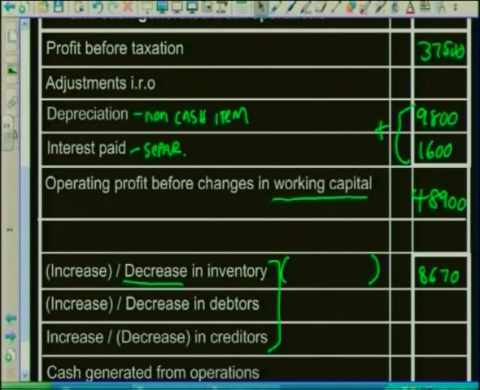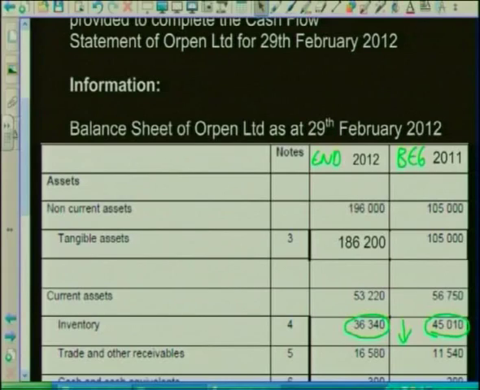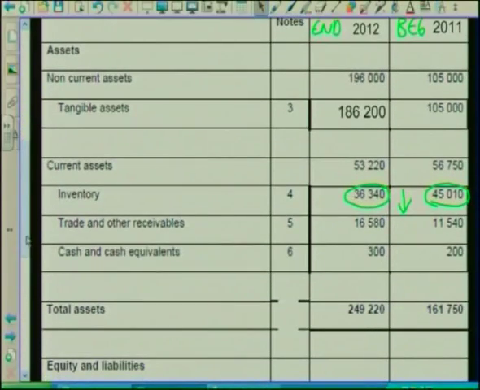Okay, so we looked at inventory. Now let's look at your debtors. If we look at our debtors in our balance sheet, we are now looking at trade and other receivables. Under your trade and other receivables, again, we are comparing 2011 to 2012.